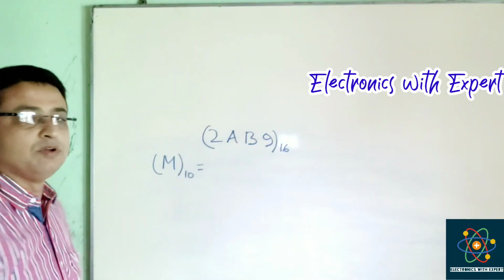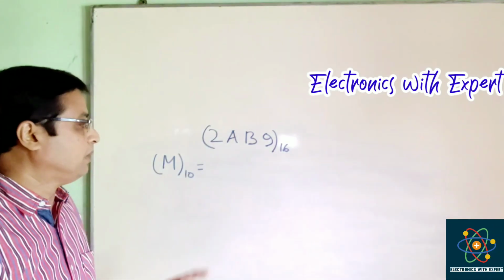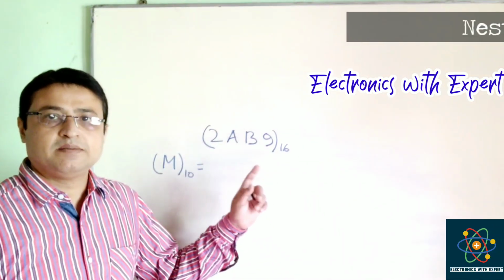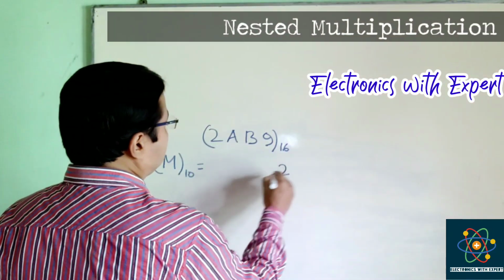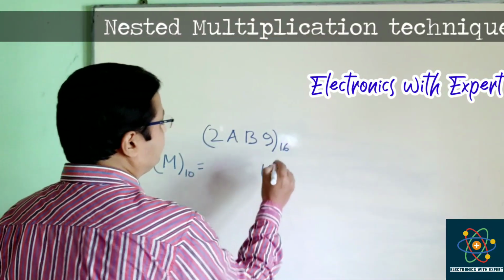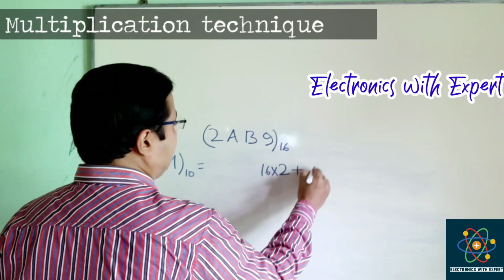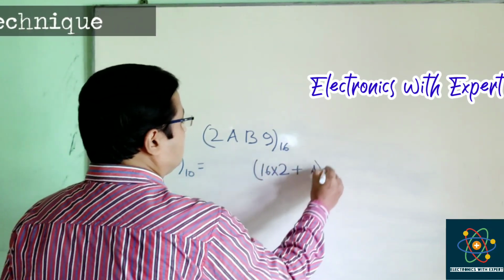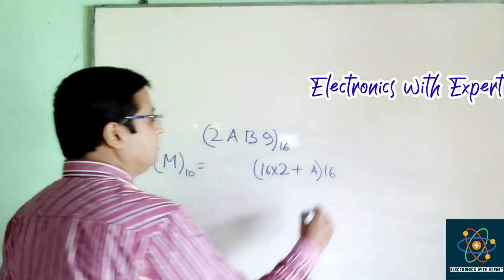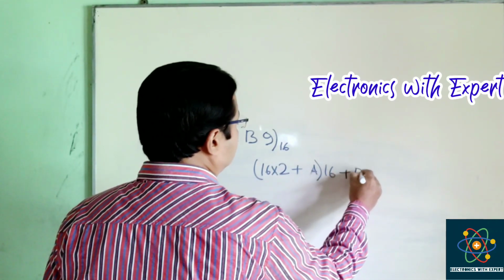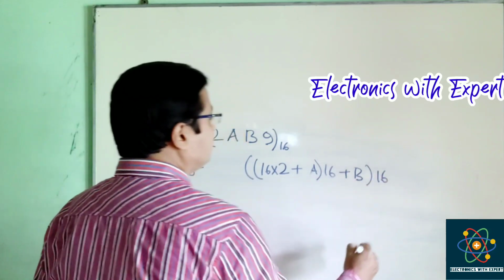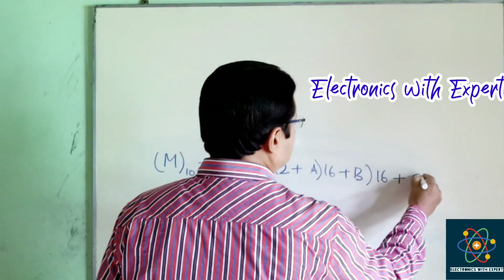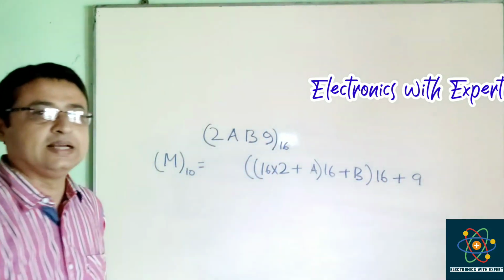So the decimal equivalent of this number by using this nested multiplication technique should be 16 into 2 plus A, multiplied by 16 plus B, again multiplied by 16 and then the D0 digit, that is 9.